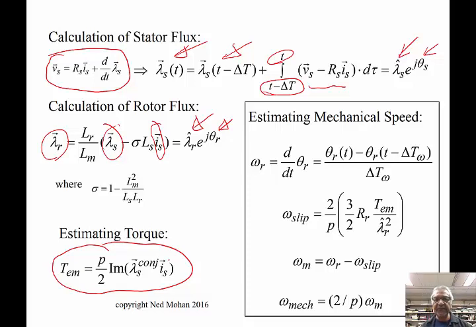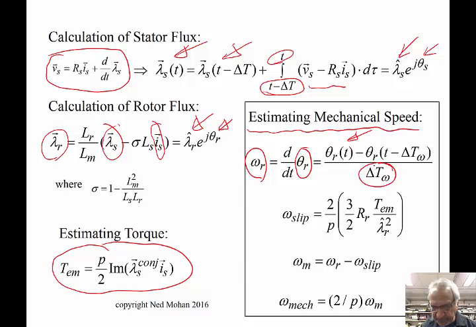Measuring torque would be very expensive to do. Now the next thing is we want to make it encoder-less, so we have to estimate the mechanical speed. As you can see, omega sub r is really the time rate of change of theta sub r, and theta sub r is taken over an interval, which we have to judiciously pick.